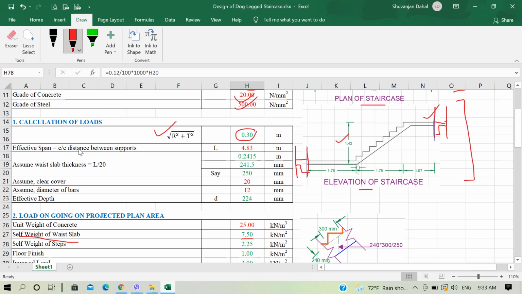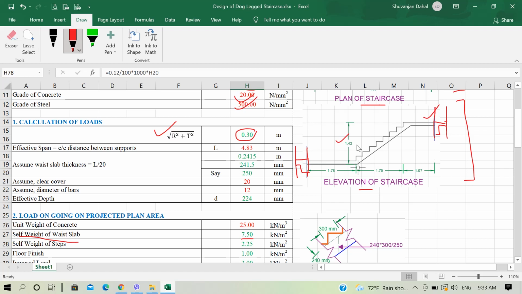Now effective span will be our center to center distance between the supports. If you don't remember, you can go back to our previous lecture on design of staircase. There we talked about some codal provisions regarding the effective span of staircase.